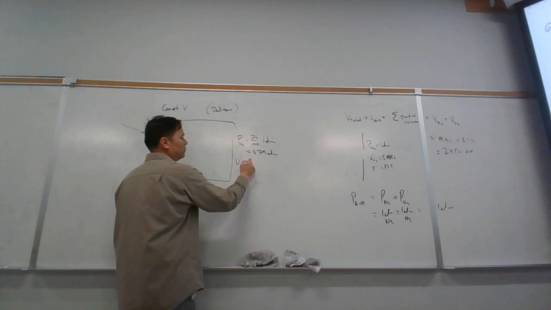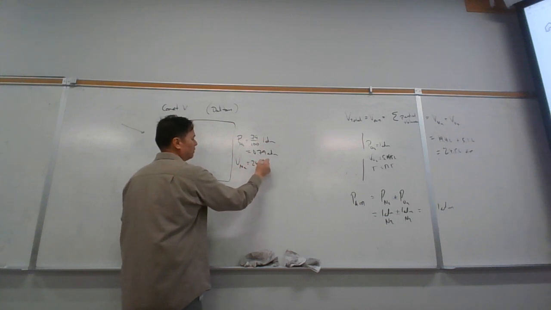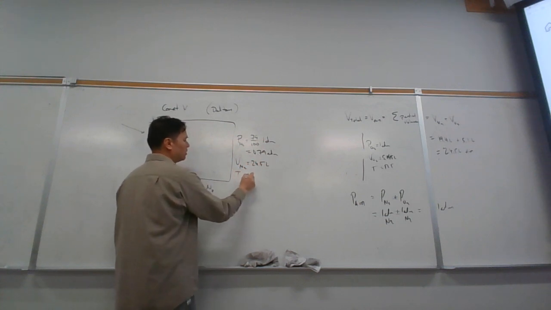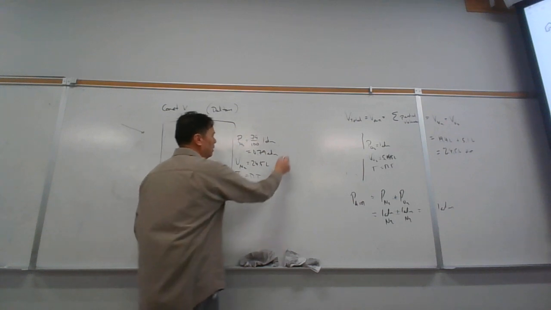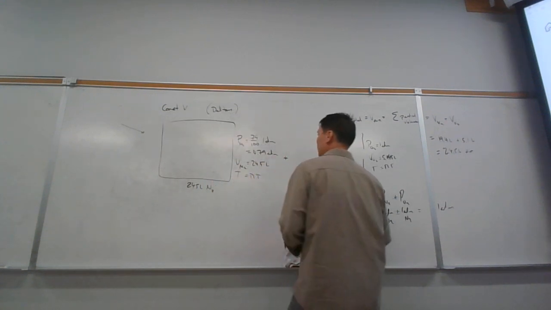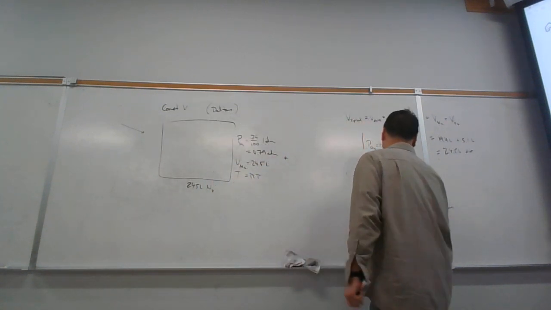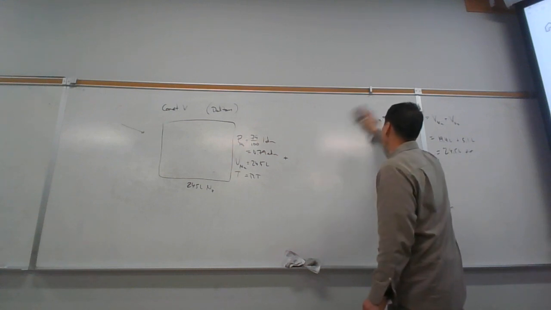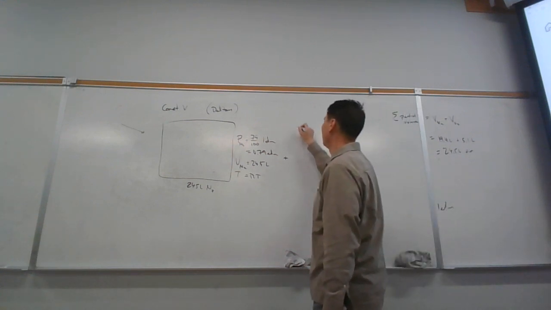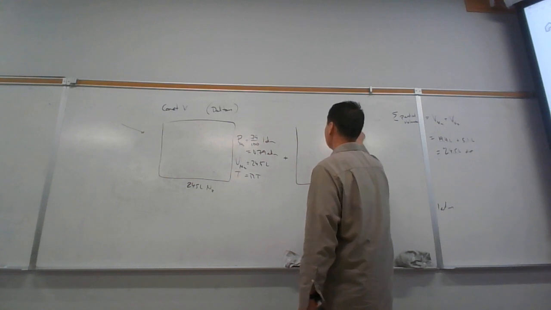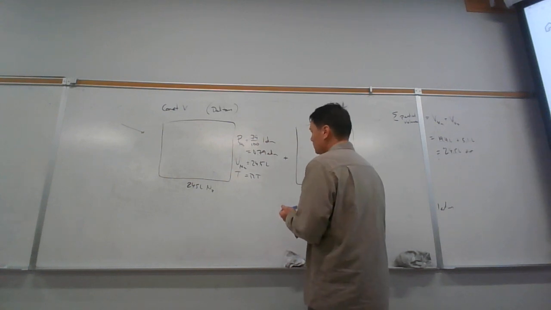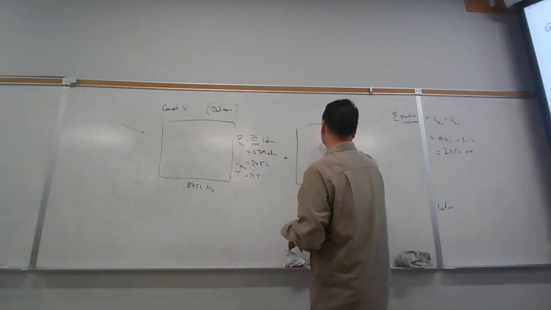And how many liters? Well, we have 24.5 liters. And the temperature is just RT, room temperature. Plus, where'd the oxygen go? Well, the oxygen we're going to put in a separate box, and it's going to be the exact same size box. But there's going to be very little here.